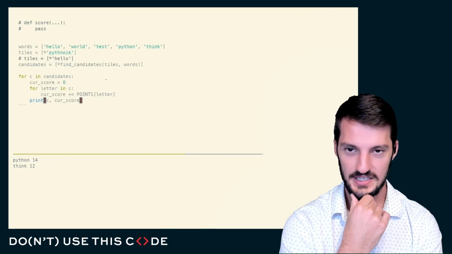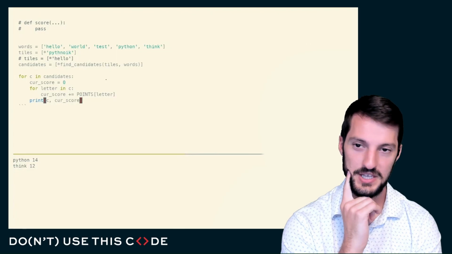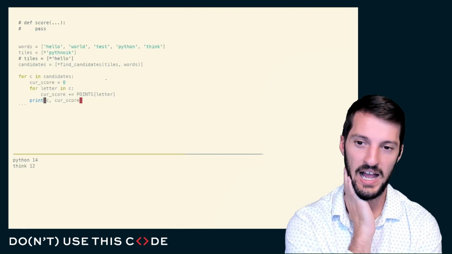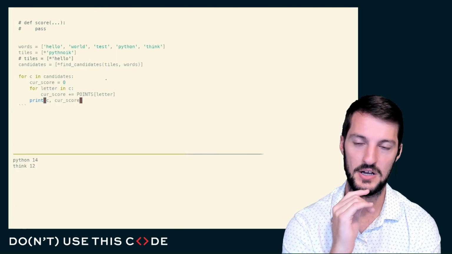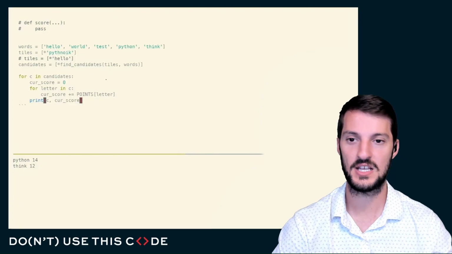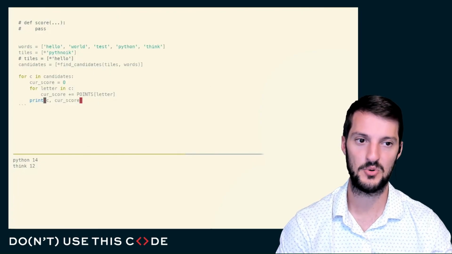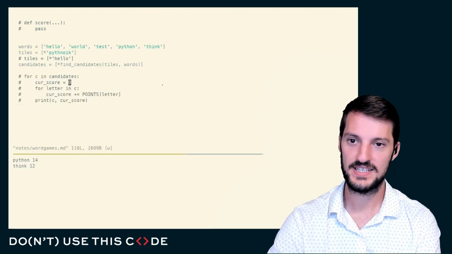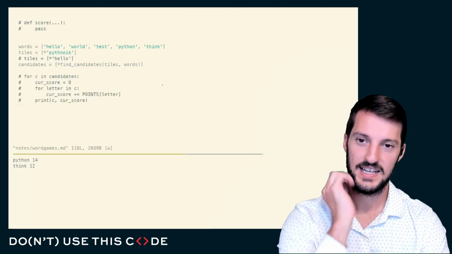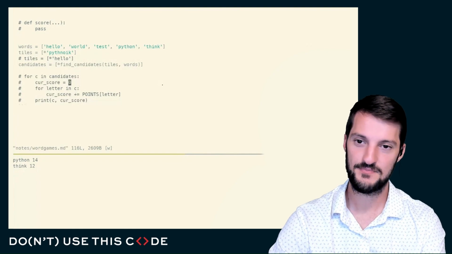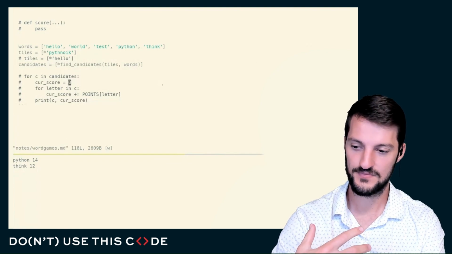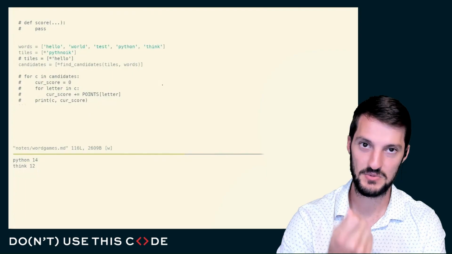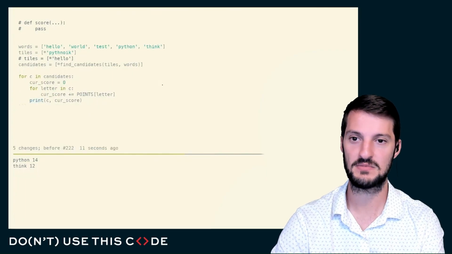And so if we take this code here and think, okay, how would I then select Python as my play over something like think just based on the points? Well, one thing that we might do is take each of these candidates and score them, and then take the one that's associated with the maximum score.